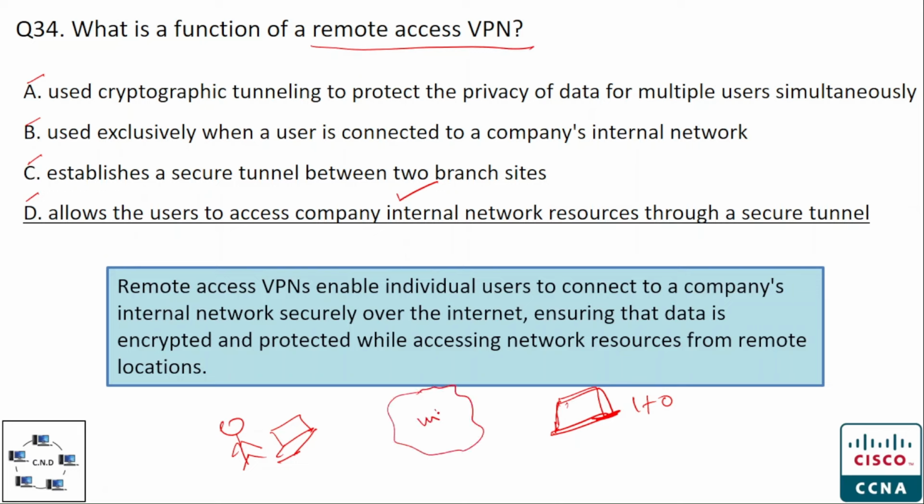He is in some other country or in another city and he wants to connect to headquarters resources over the internet. So he will use a remote access VPN, and this will create a type of secure tunnel between his laptop and the headquarters.